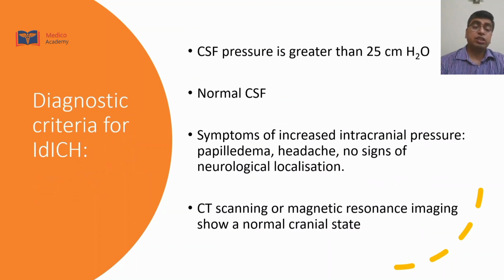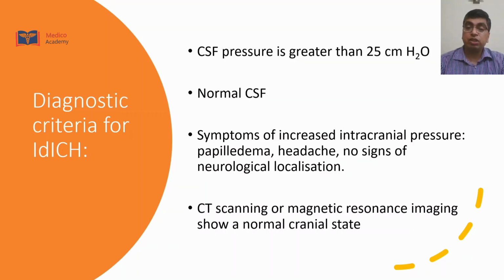There is a diagnostic criteria when we say it's an idiopathic intracranial hypertension, and the criteria is that the CSF pressure is more than 25 centimeters of water. Normal CSF study is there, like CSF proteins, cell count, and glucose, they all are normal.